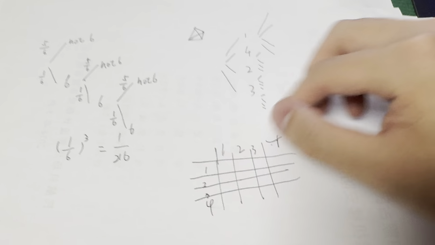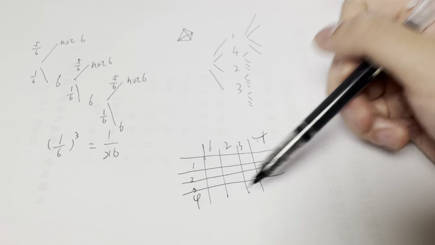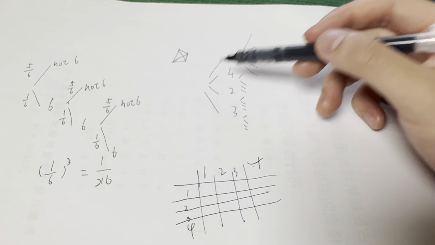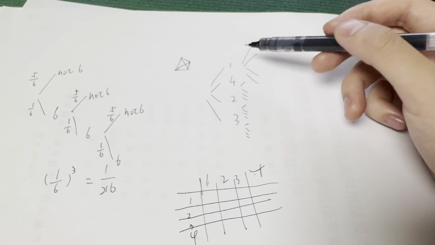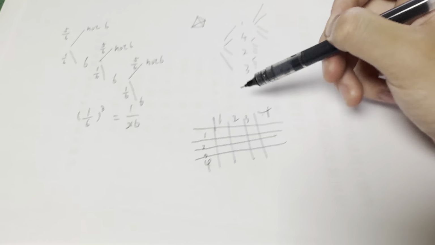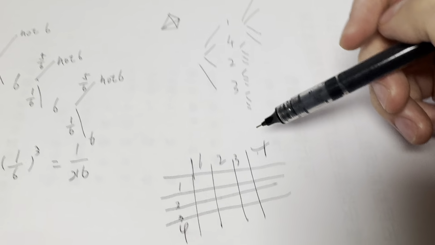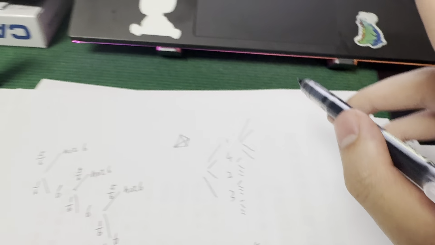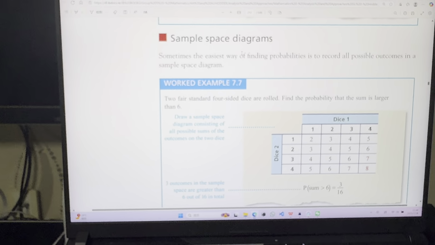Yes, and we have so many. The result we get will be here. So all the things we need will be here. Because for this case, we have to draw 20 branches, but for this case, we only need a chart. So if we have 2 events, sample space diagrams will be easier, no matter if it's a dependent event or not.